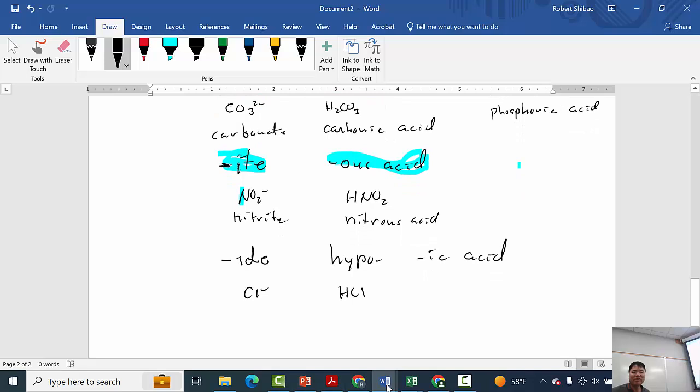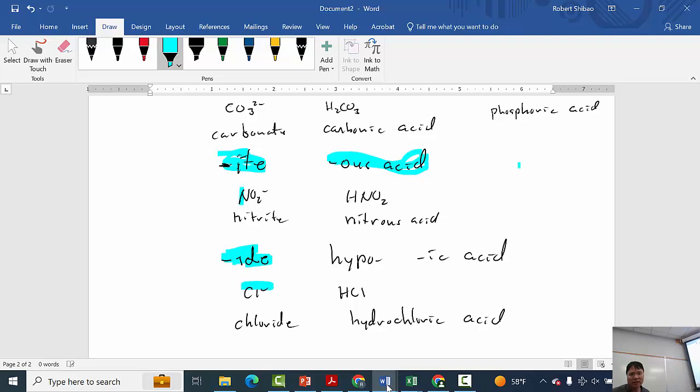And the name of this gets changed. So we go from chloride to hydrochloric acid. So the ides get changed to hydro.